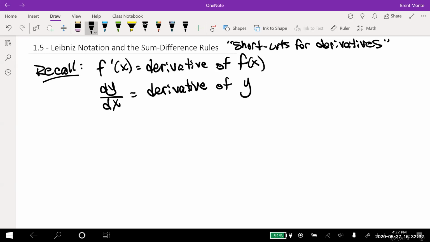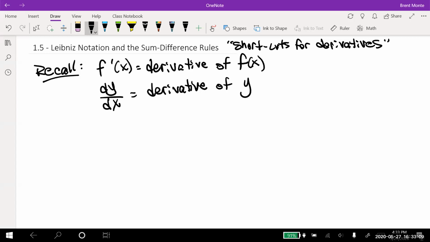But the dy dx works really well when you're trying to keep track of the units. In the last live session we did the rate of change of revenue, and that was dollars per unit. Well, the dy was the change in y, which was the revenue. So the change in revenue per unit. Okay, so it's a rate of change.